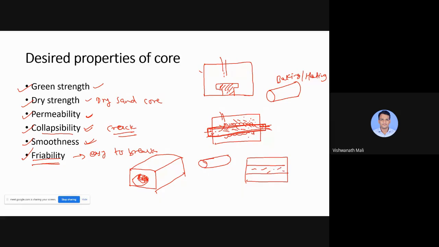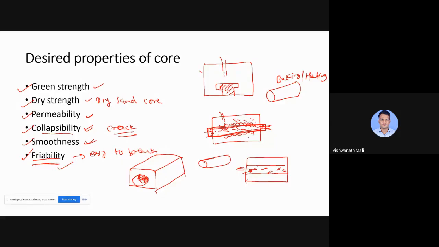Though it is cracking or collapsing internally, we are not able to remove it. When you want to remove it, we need to break it with the help of a hammer and chisels, right? That breaking property is known as friability, right?